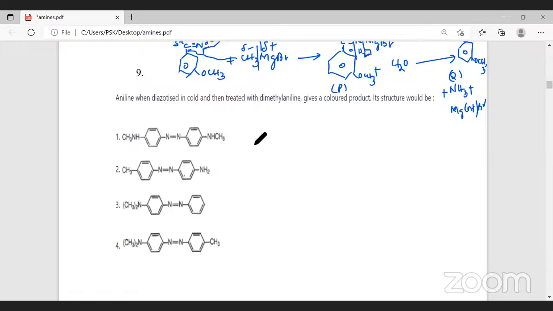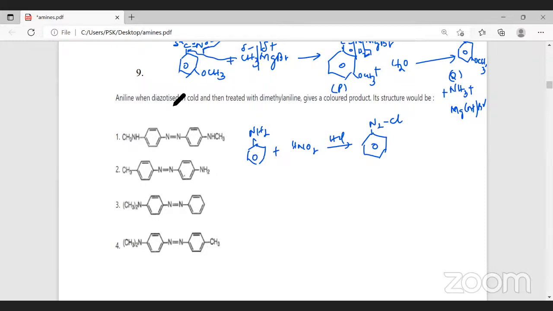Now, aniline is this. Diazotized. This is a known reaction, benzene diazonium chloride formation. Aniline, when treated with nitrous acid HNO2 in the presence of HCl, gives benzene diazonium chloride. This is N2 and Cl. This is the first step.